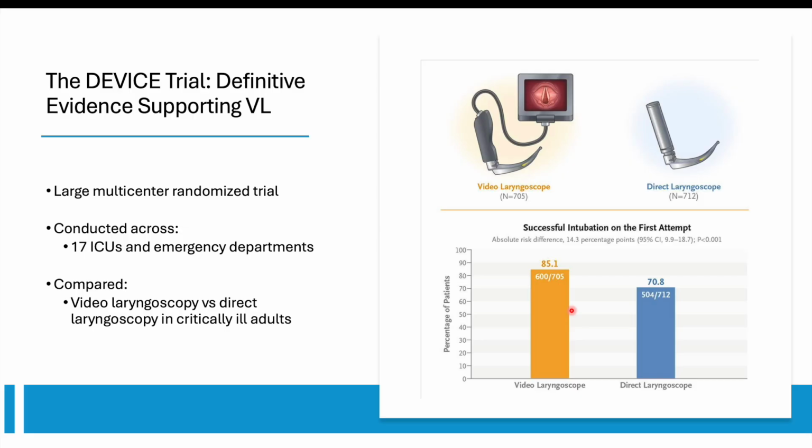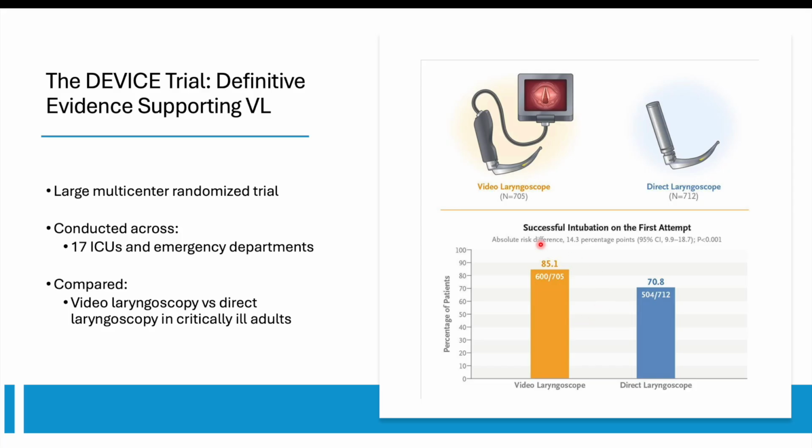However, over the last few years, the use of VL has increased worldwide, and the evidence was again searched, and this trial was performed in 2023, that is, much more recently, by the name of the DEVICE trial, which was published in NEJM. This was a large multi-center randomized trial conducted across 17 ICUs and emergency departments worldwide, and it compared video laryngoscopy versus direct laryngoscopy in critically ill adults.